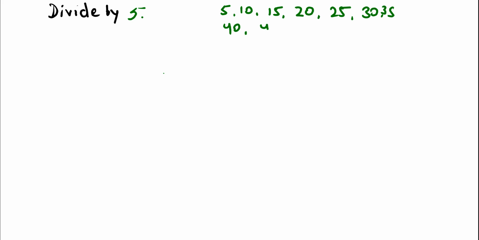Now let's come to divide by 5. It's pretty much easier than 3 and 4. So any number which has either 5 or 0 at the units place would be divisible by 5. Let's see how. Let's put the table of 5 over here.